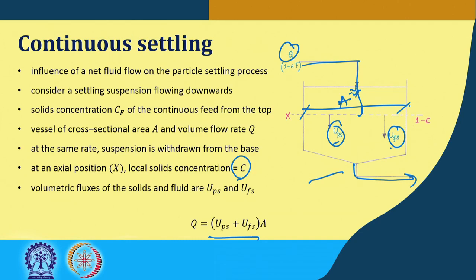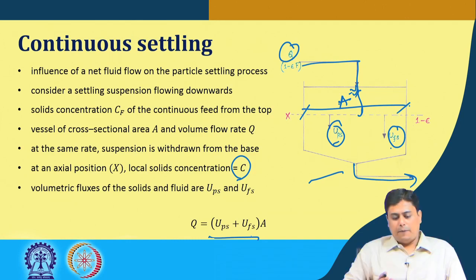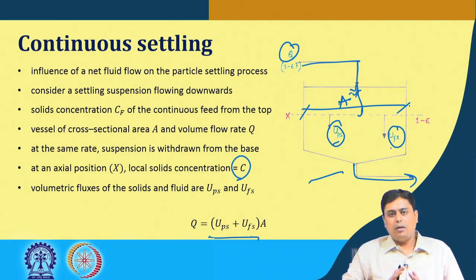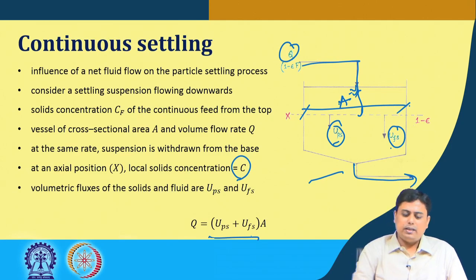Which means this volumetric flow rate equals the particle settling flux plus the fluid volumetric flux, multiplied by the cross sectional area. This is applicable for any plane at any vertical location, because if both the fluid and particles are incompressible, then we can write this expression.